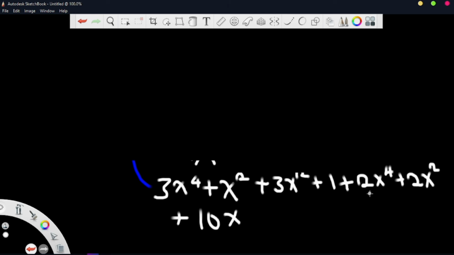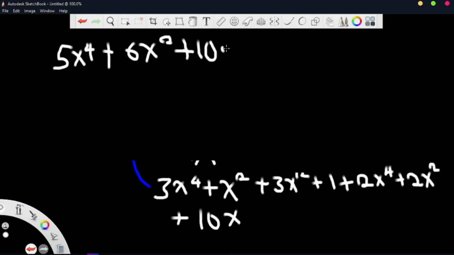Once I simplify this, my 3x to the power 4 will add, so I'll have 5x to the power 4 plus 6x squared plus 10x plus 1. So then I've written this in form of dy dx.